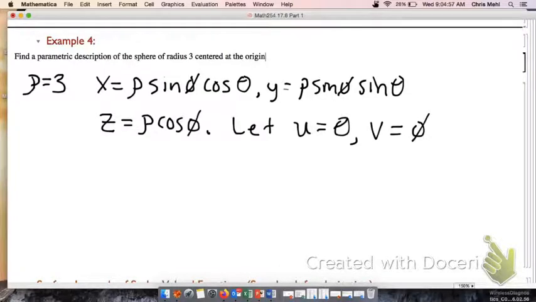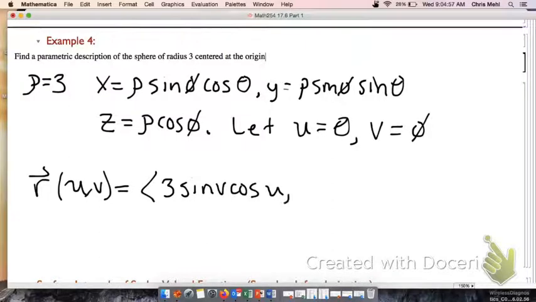Then when you write this down, r of u comma v as a vector valued function, x would be rho sine phi cos theta, which with rho being 3, you'd get 3 sine v cos u.